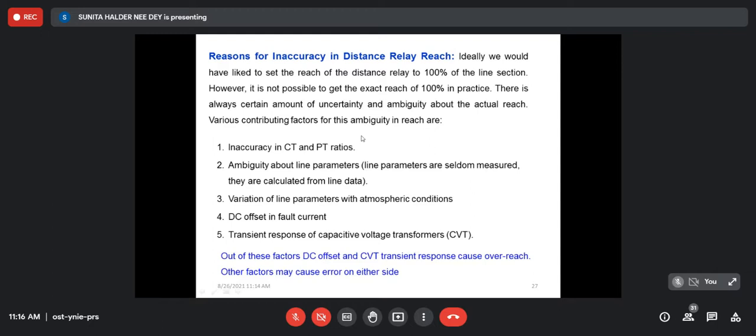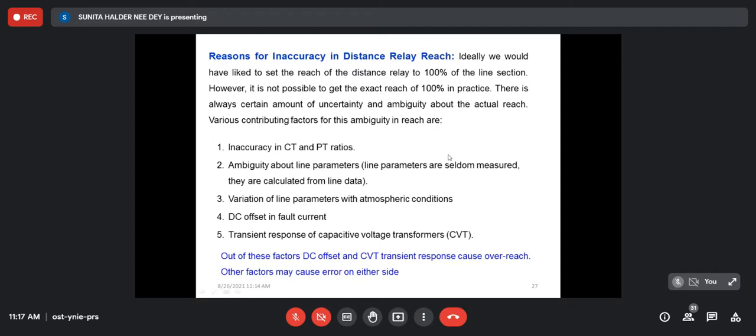That is one issue. Generally, line parameter data available for transmission lines are not so reliable. In most cases they are not available; they are calculated from the line data. And line parameters change with atmospheric condition, so whenever we set it, the distance relay reach may change.